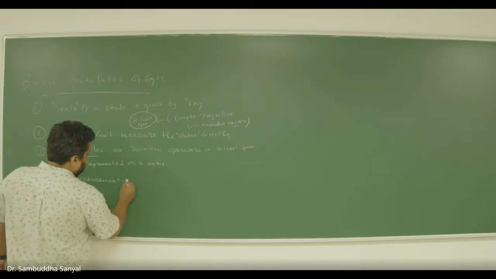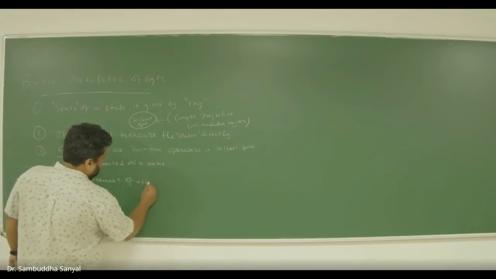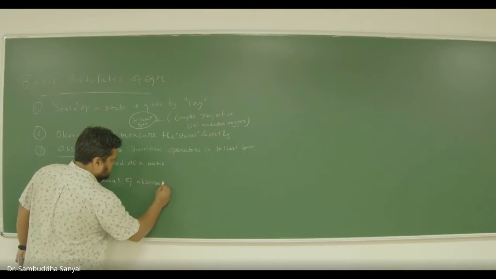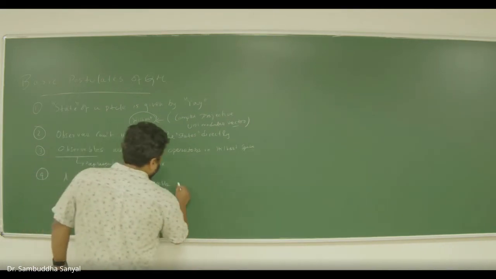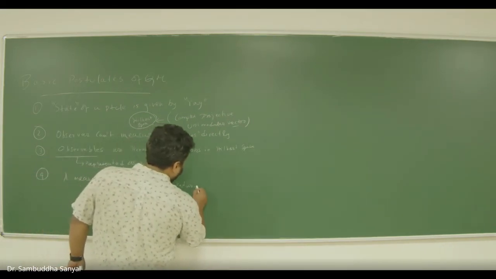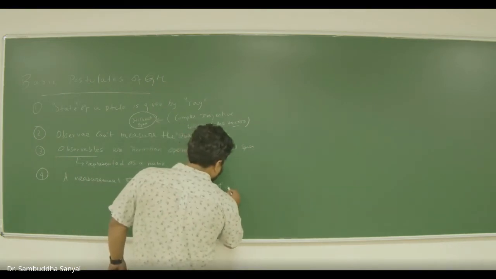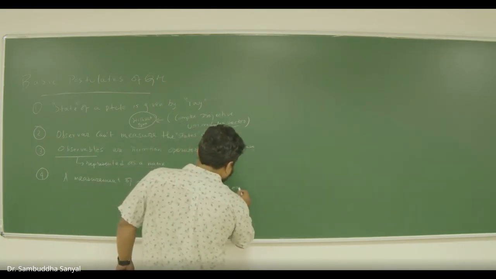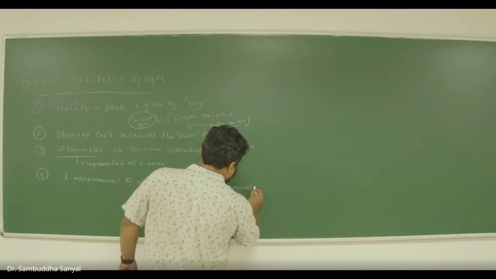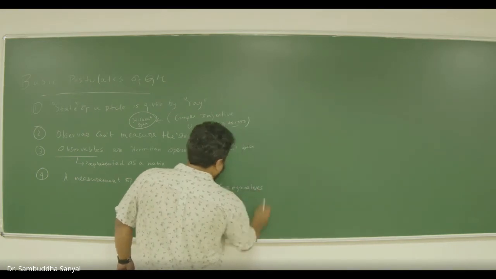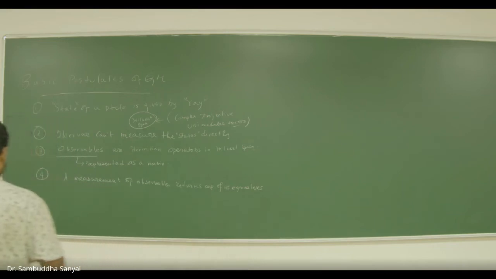A measurement of an observable returns one eigenvalue, one of its eigenvalues.